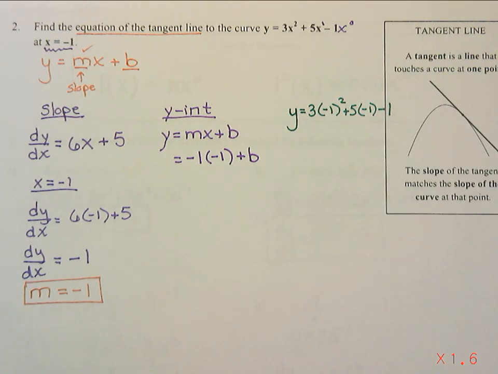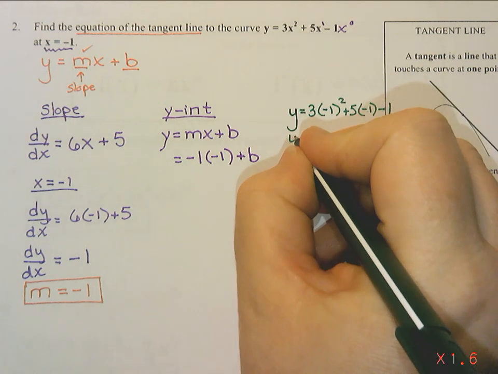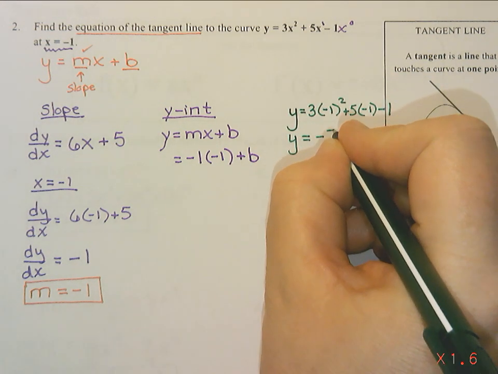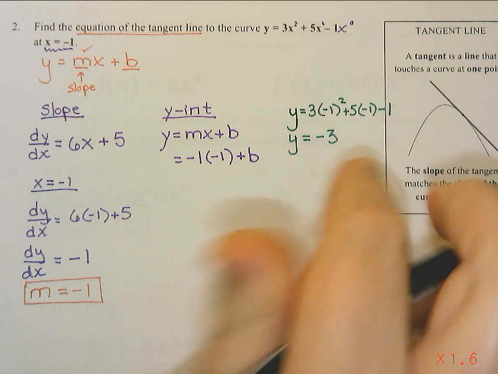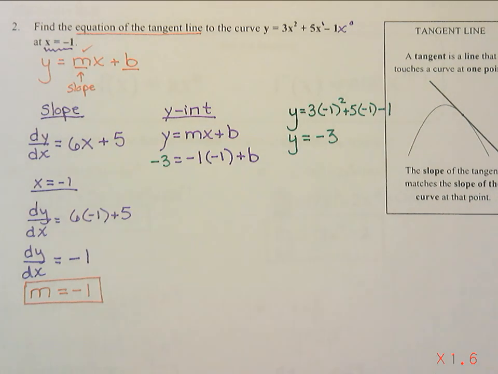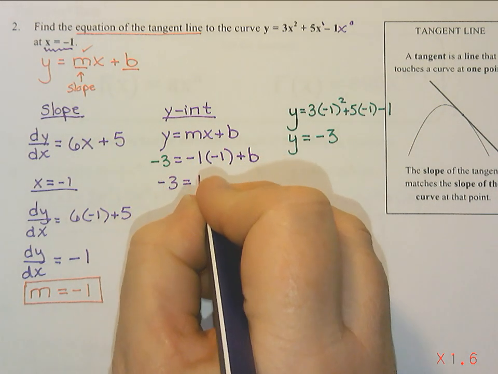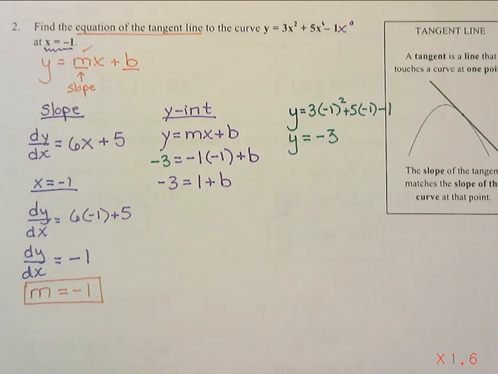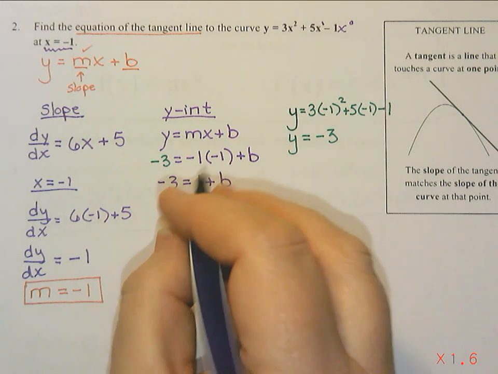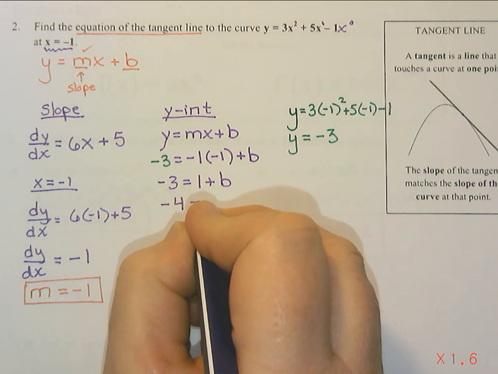And if I calculate that, I get 3 take away 5 take away 1, which is -3. So I'm going to put -3 in here, and then we should be able to calculate for b. So -1 times -1 is +1. And then I'm going to subtract 1 from both sides to get that -4 equals b.